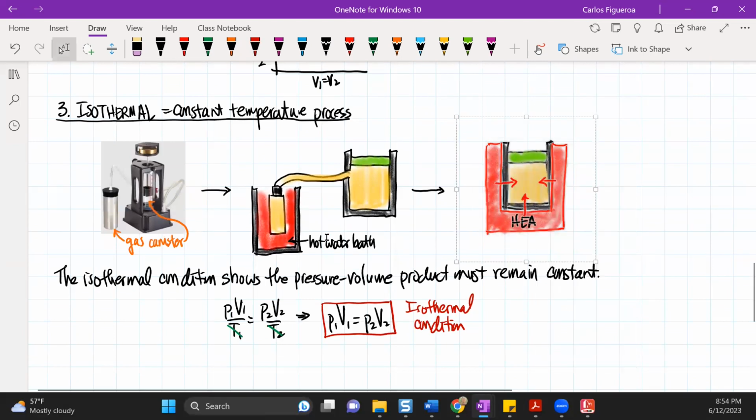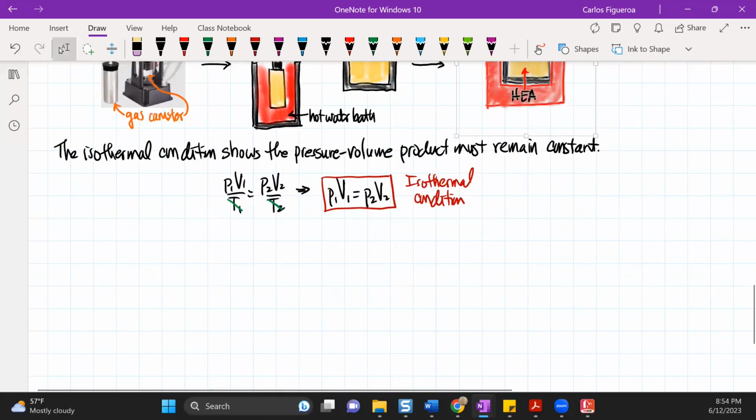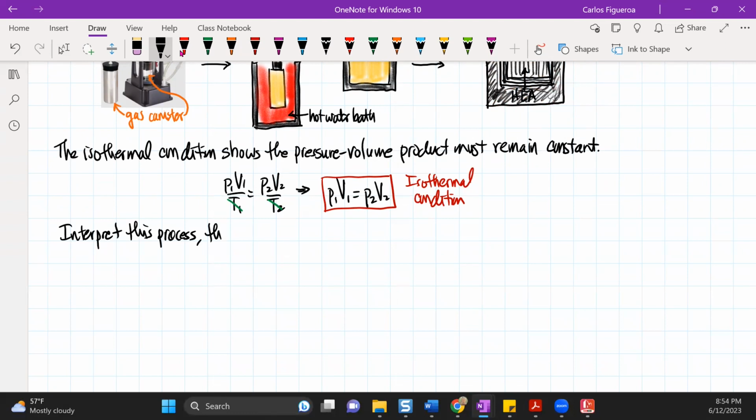So what we want to do is look at the physical meaning of this thing. If we want to interpret this process, there are two of them: isothermal heating as well as isothermal cooling.